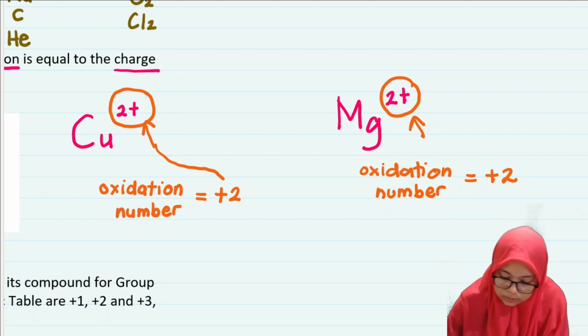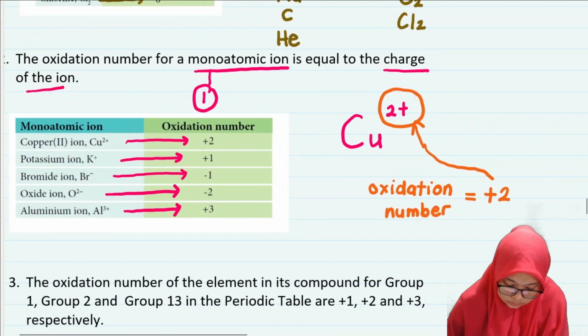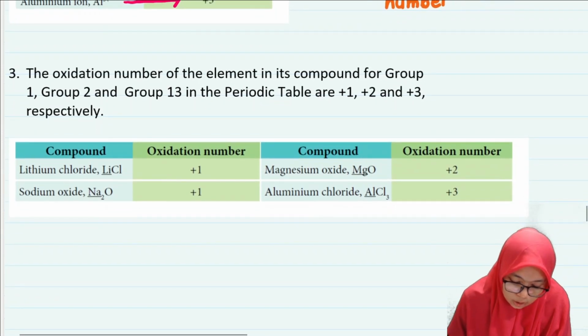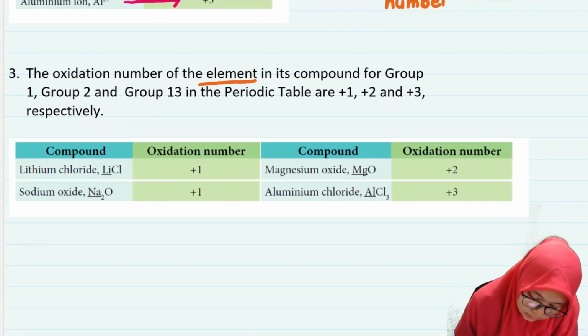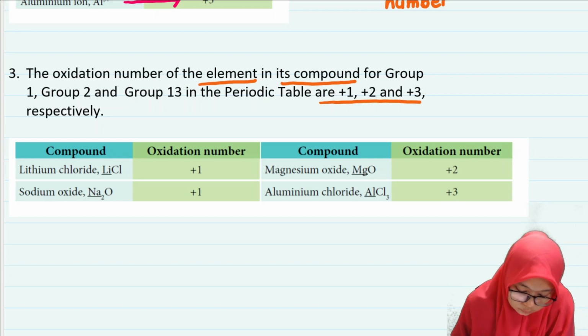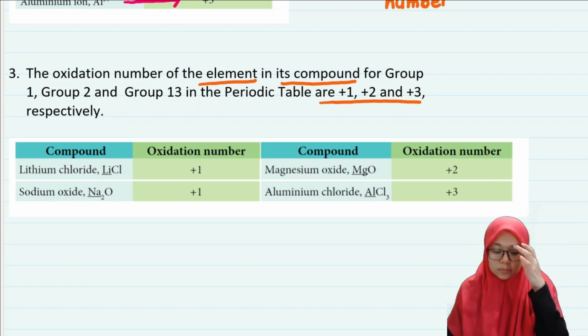Okay, now let's look at the third rule. The third rule says that the oxidation number of the element in its compound for group 1, 2 and 3 in the periodic table are positive 1, positive 2 and positive 3 respectively.